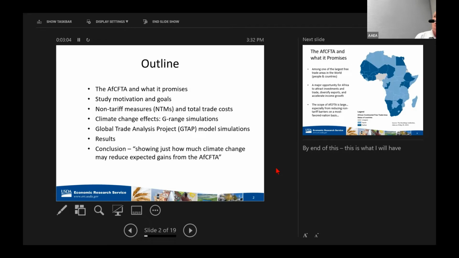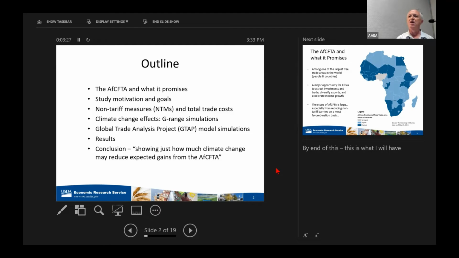The way I'm going to proceed with the presentation is: what is this AfCFTA and what it promises, since quite a lot of studies have been done on this; then the motivation and goals of this work; and then going through some of the non-tariff measures and total trade costs that Africa in particular faces relative to other regions.